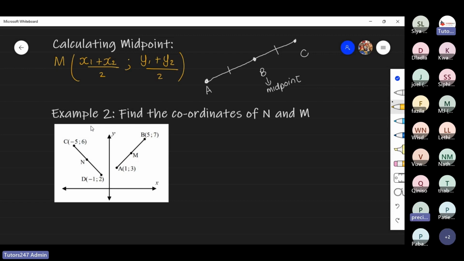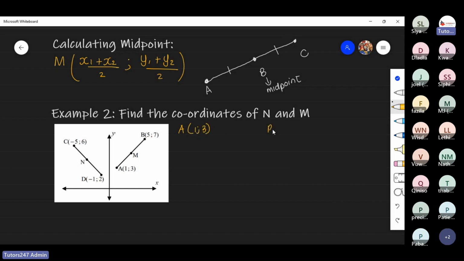So let's look at the first example. We need to calculate the coordinates of N and M, whereby N is the midpoint of CD and M is the midpoint of AB. So let us start with M. So the coordinates of A are given as 1 and 3.